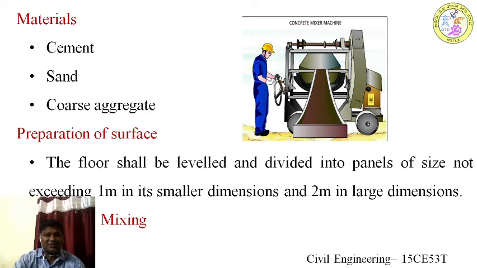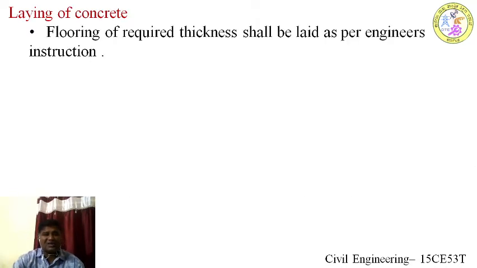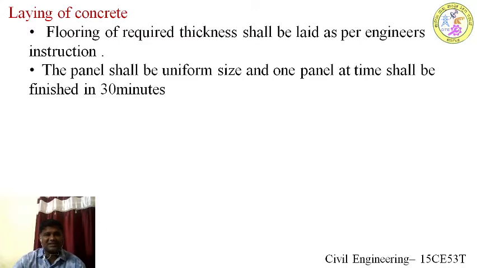Your concrete is produced. So after completing these panels, the concrete will be laid to the required thickness as the shuttering is set. Then one panel is finished neatly within 20 to 30 minutes.